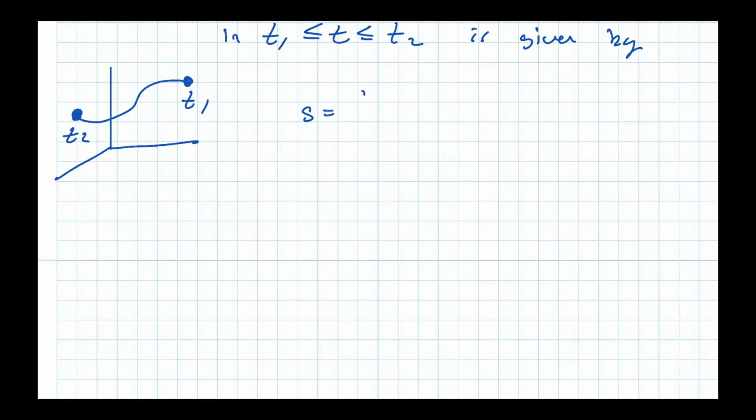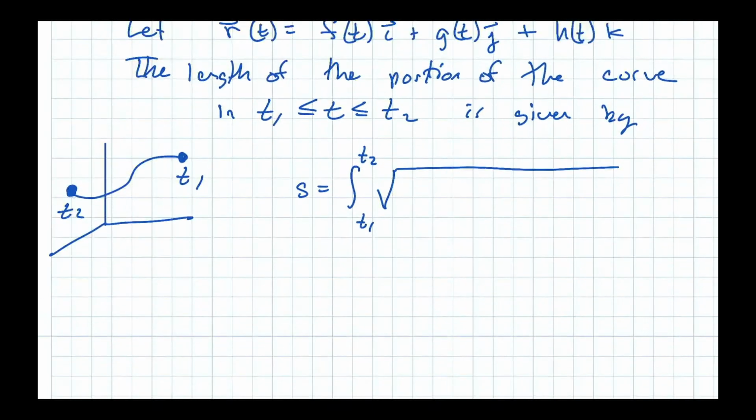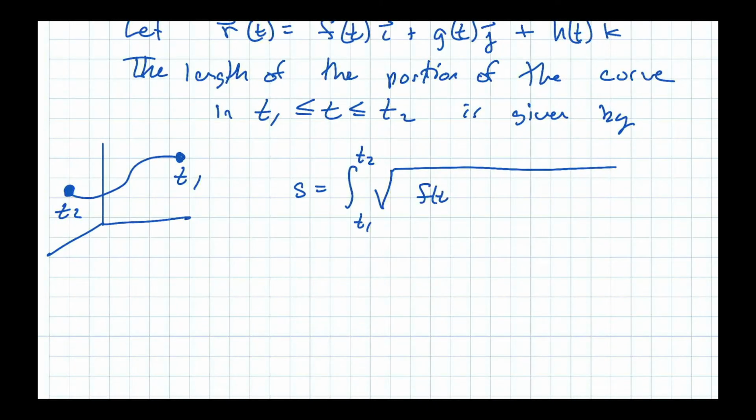So we'll have an integral from t1 to t2 instead of a and b, and it will be the square root of f prime of t squared plus g prime of t squared plus h prime of t squared, and then dt.